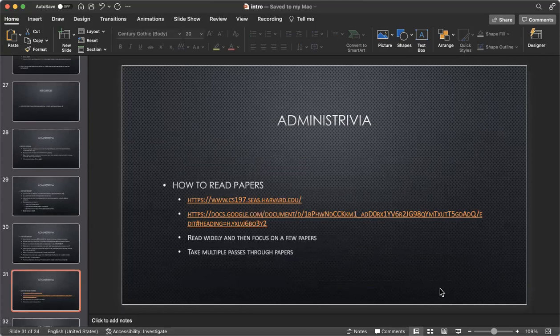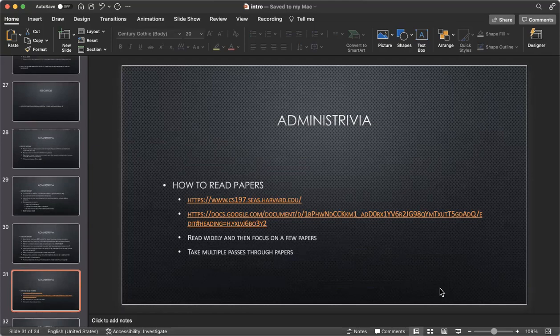If you get stuck on how to read papers, I know all of you are really bright, but not all of you will have research skills coming into this course, and reading papers is a skill that fortunately can be acquired with practice. So here are some very helpful links on how to read papers.